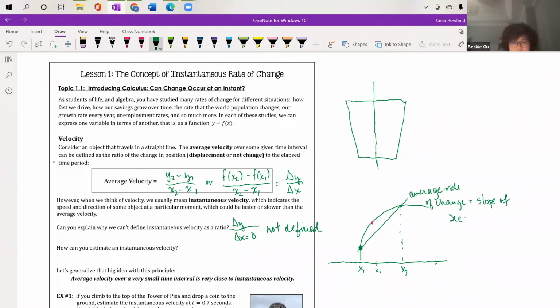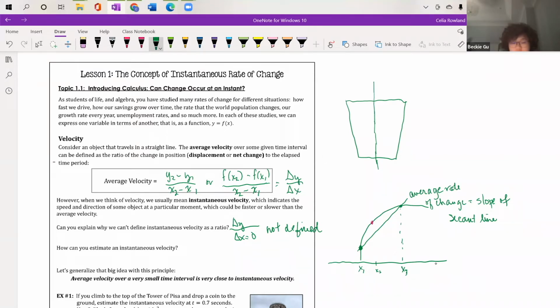We learned these from geometry, so this is going a little bit back. You were drawing all kinds of curves where you could draw a secant line. What we're going to do is ask what happens to this as I move incrementally closer to my x2.